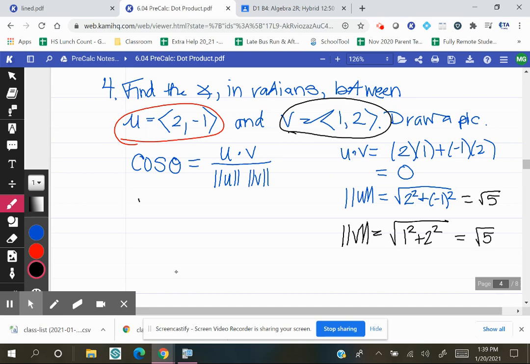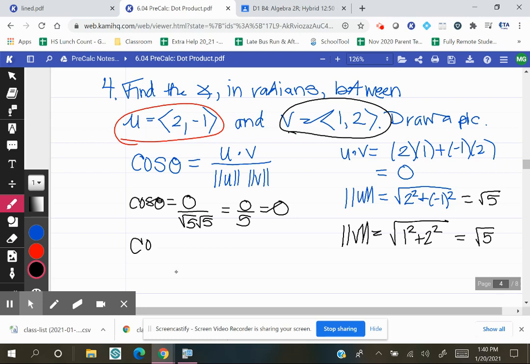All right, so now we substitute in and we get cosine theta equals 0 over rad 5 times rad 5, which will just give us 5. And 0 divided by 5 is just 0.